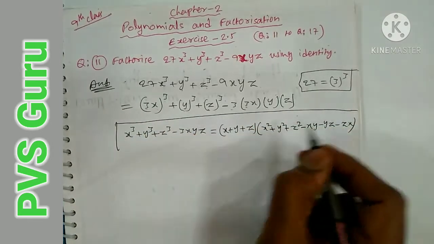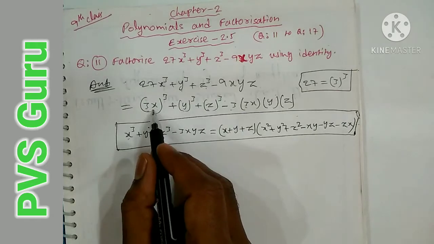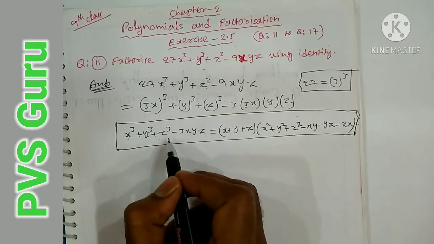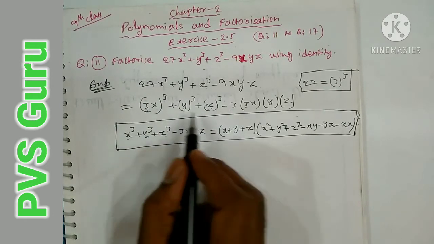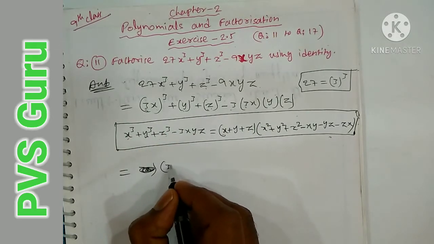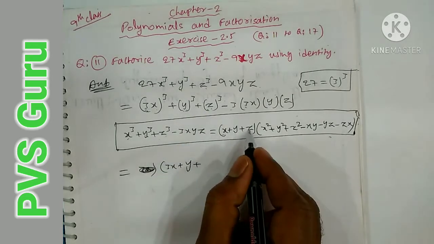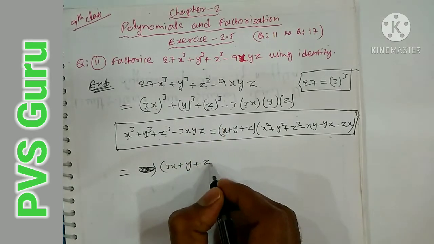This is identity number 8. Now compare this. The x value is 3x, y is y only, z is z only. So these values you substitute here.